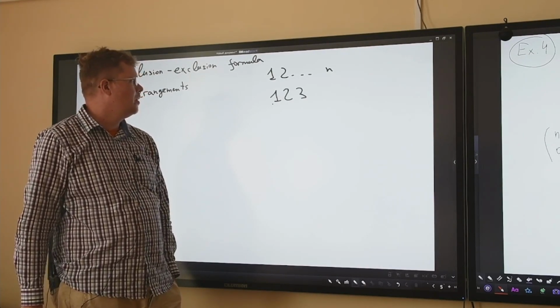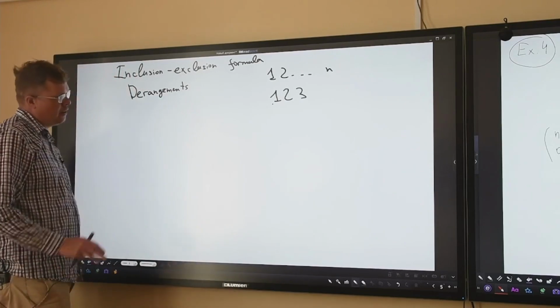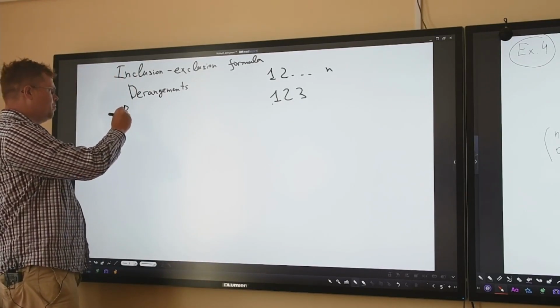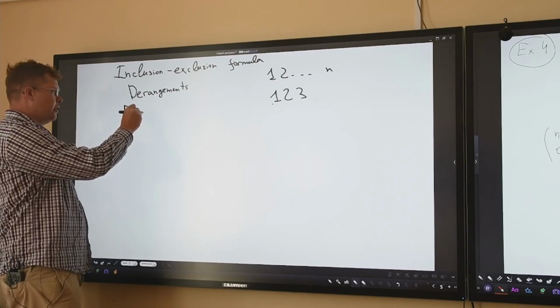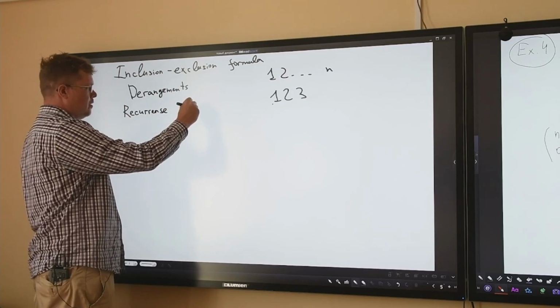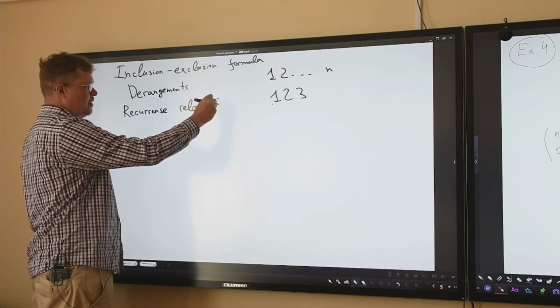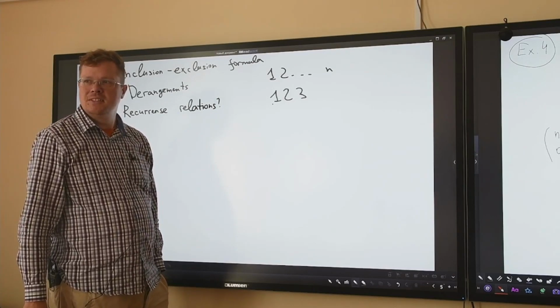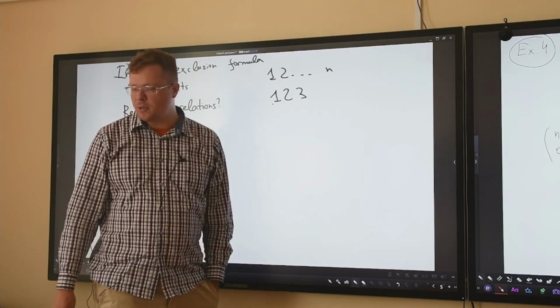Okay, and the last question: did you talk about recurrence relations? For example, Fibonacci numbers. Did you get the formula for the Fibonacci numbers or not?